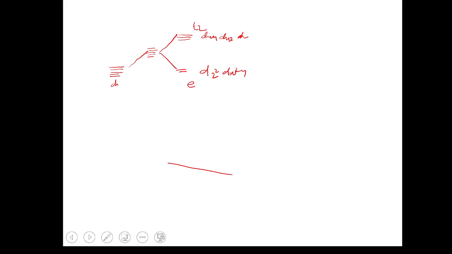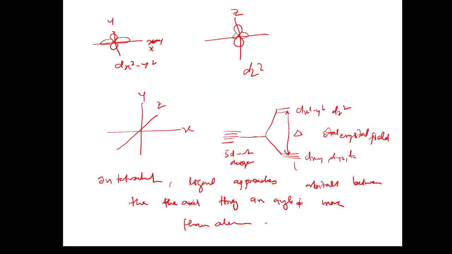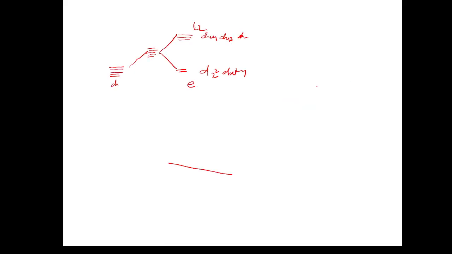The names T2g and eg, and here T2 and E, come from symmetry. Once we discuss that, then I will explain. The crystal field splitting energy in tetrahedral is roughly half that of octahedral. Now I will not go into more detail. We will go to the problem solving session.